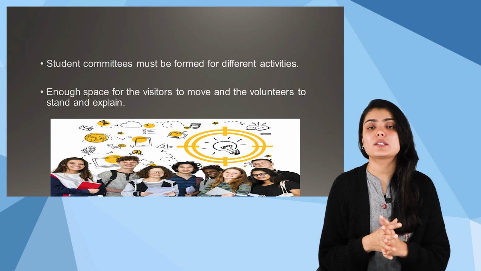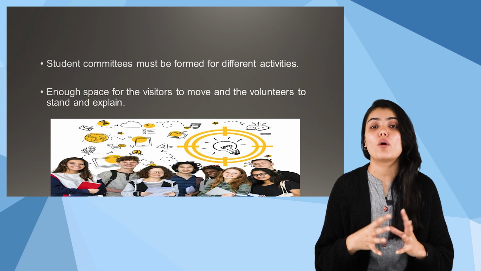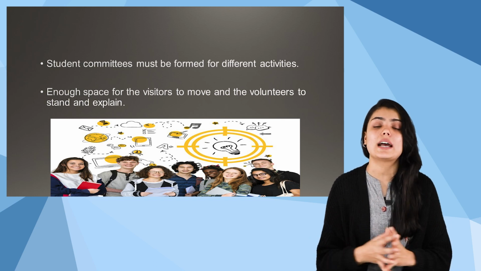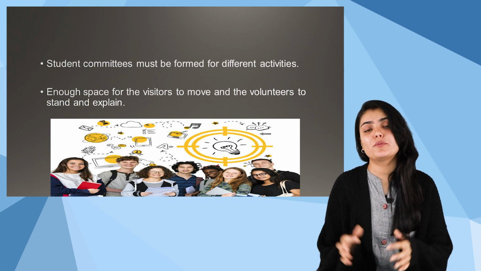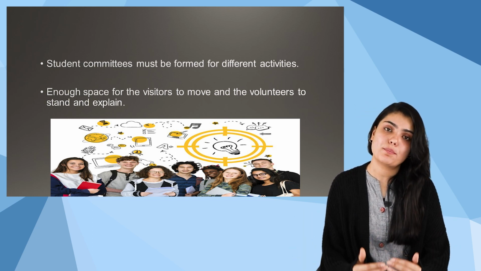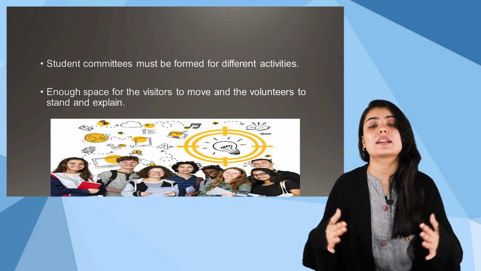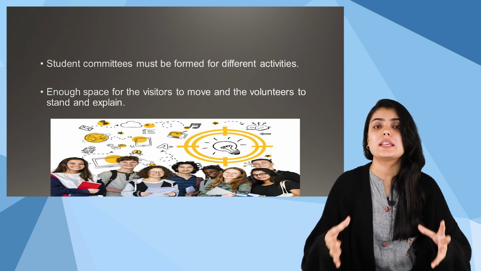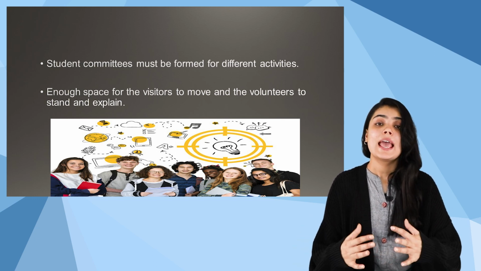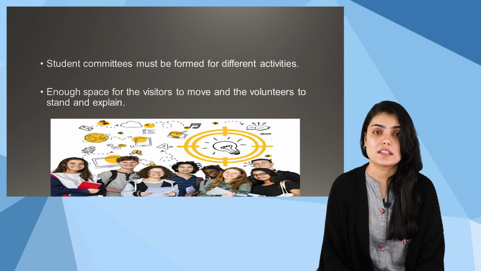The student committees must be created so that different activities can be handled by different groups of students and the responsibilities are equally divided. Next one, there should be enough space for the visitors as well as the participants to stand and explain. So whenever exhibits are arranged, it must be in a place and in a manner where there's enough space for the visitors to stand and also for the participants to stand and explain the entire exhibit.